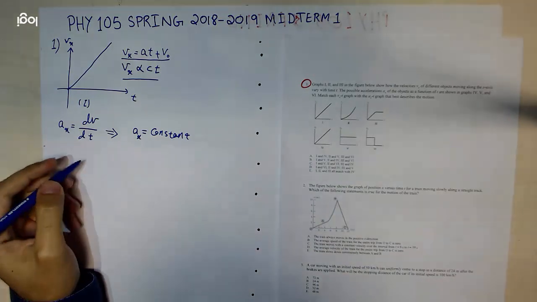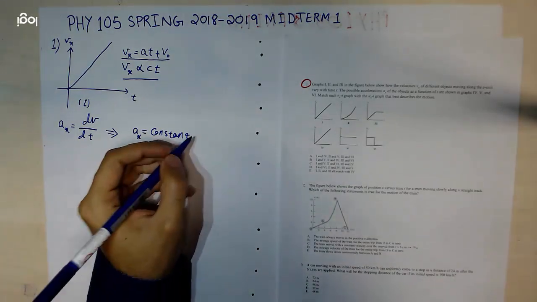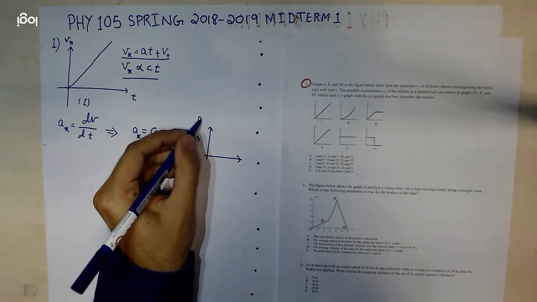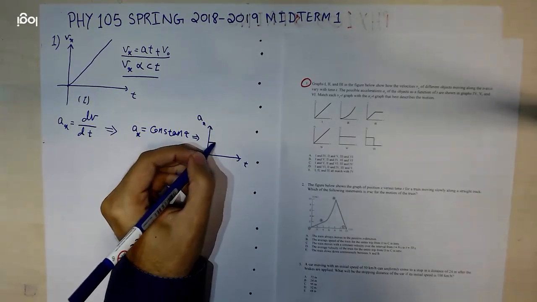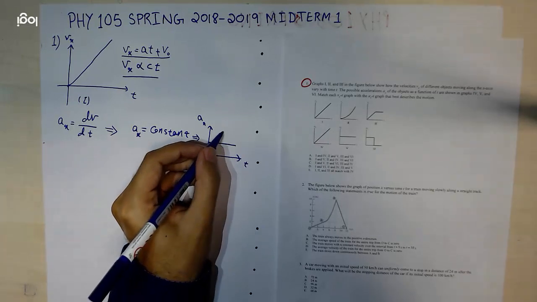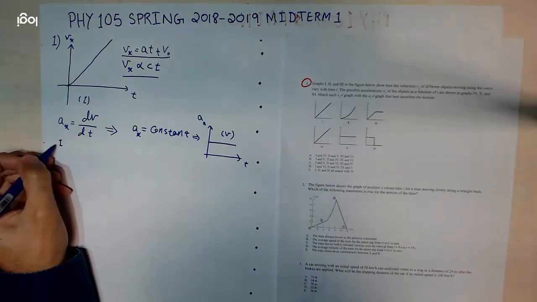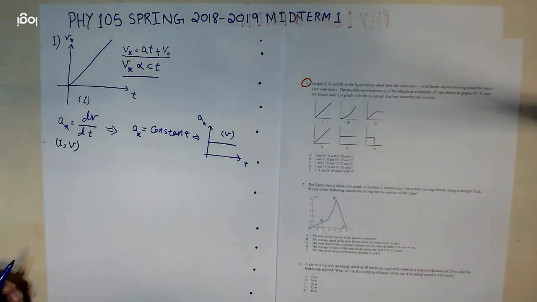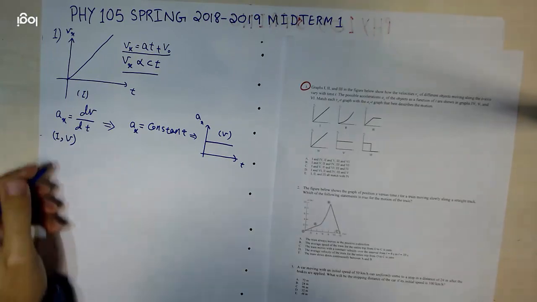Which graph shows a constant? Fifth graph. Our fifth graph shows the constant relation between acceleration and time.